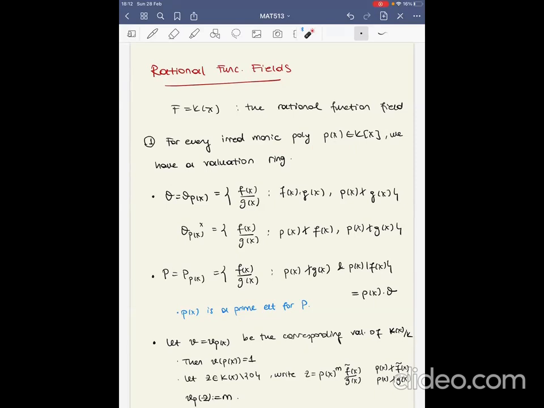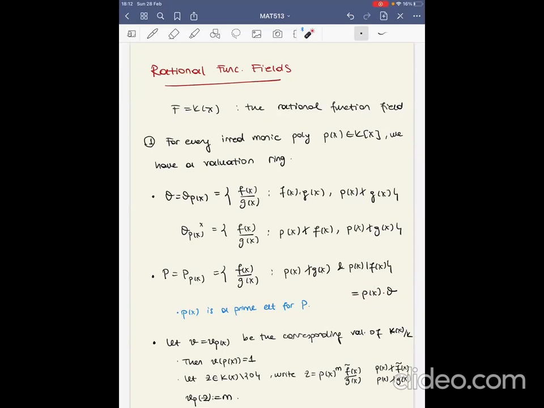We also claimed, before showing that this valuation ring is a principal ideal domain, and in general for the theory, that the corresponding place, which is determined by p of x, is indeed generated by p of x.